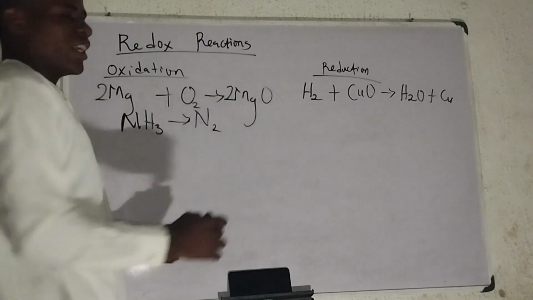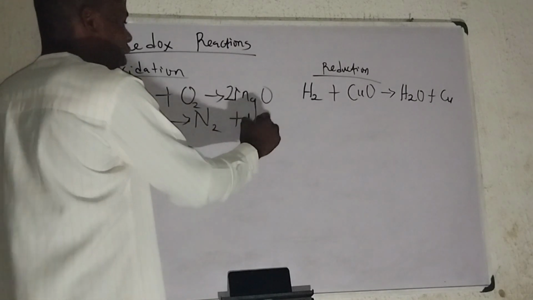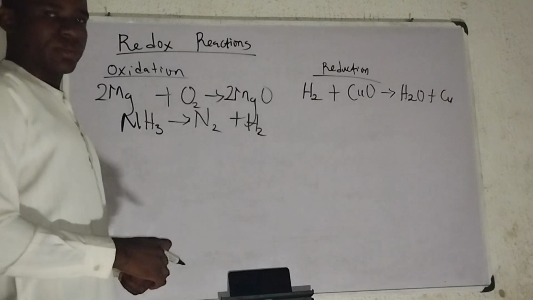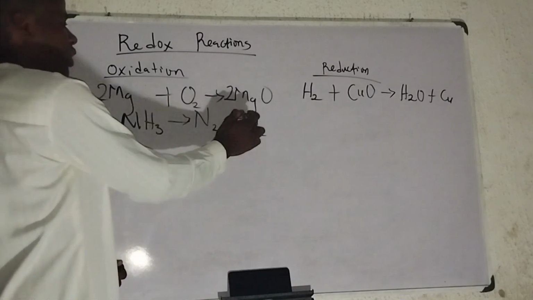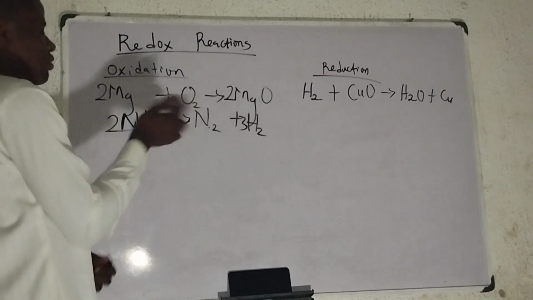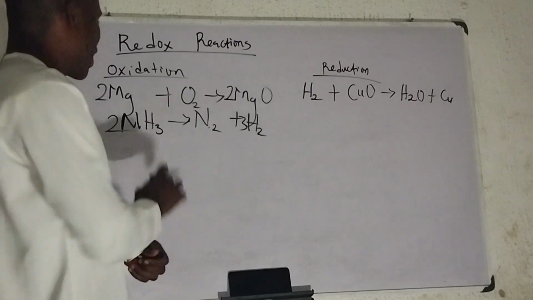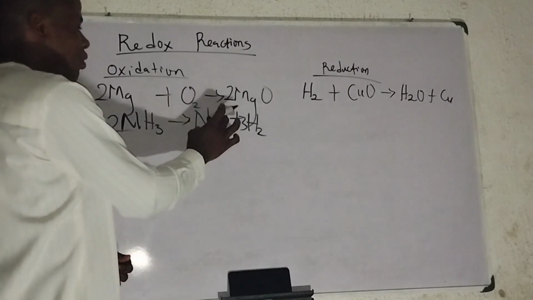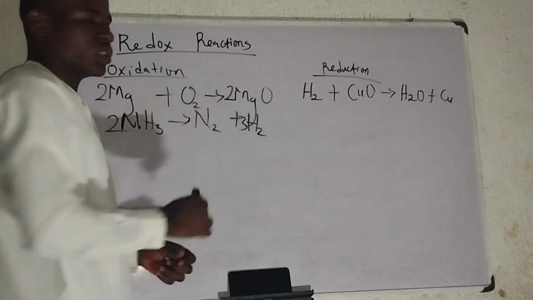You get the elements of the Haber process, nitrogen and hydrogen. Now let's balance. Hydrogen 3. If I add 3 here, I add 2 here. So it's balanced. Everything is balanced. So I have ammonia, when it is decomposed, forming nitrogen and hydrogen.